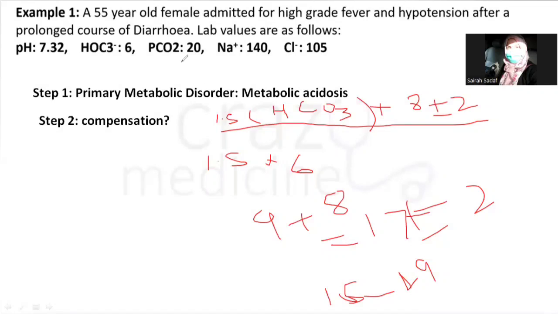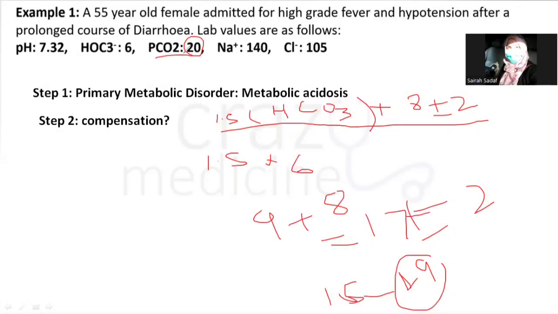Now, tell me, is it compensated? It's 19 and we have 20 here, so it's not too much less. Is it appropriately compensated or not? Now tell me, everyone. Okay, I'm getting the answers. 15 to 19, yes, you're right. 15 to 19 is the range.